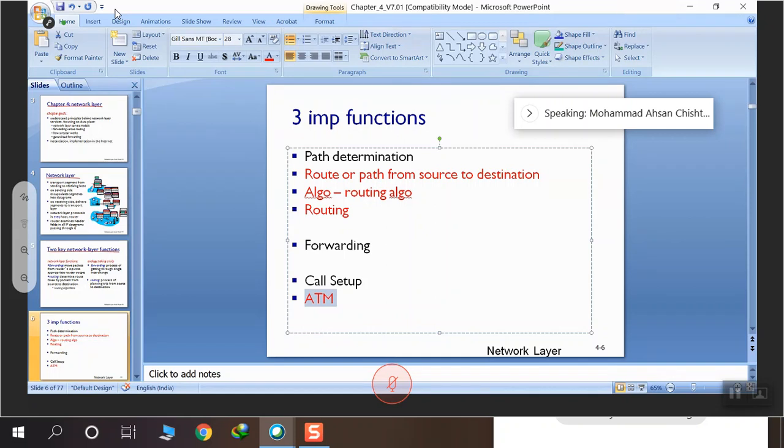We did not use source and destination IP address. But the important aspect is that all the packets would pass through that virtual circuit. Since all the packets have to pass through that virtual circuit, first you need to establish this virtual circuit. ATM is an example of a network that uses virtual circuits.